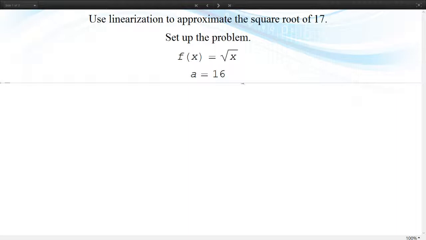So the first thing is, of course, to pick the right function. We're looking for a square root, so we use the square root function. We want the square root of 17, so we pick the closest number to 17 that has a nice square root, 16, and we let that be the point where we linearize.